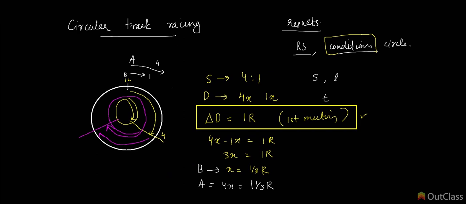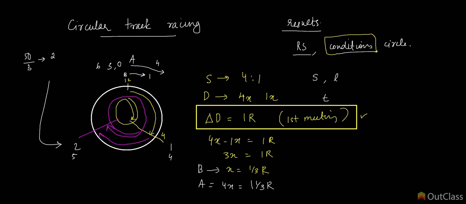So it's about finding the first meeting, and I will call the starting point 0 and the first meeting point 1. Once you get the pattern 0, 1, 2, 3, 4, 5, 6. If you want the position of the 50th meeting, you'll simply say 50 by 3 gives you a remainder of 2. So it's going to be at the same point as the second meeting, and that's it.